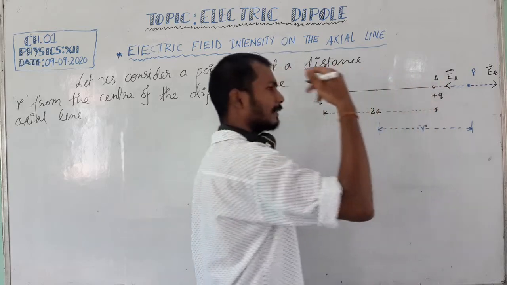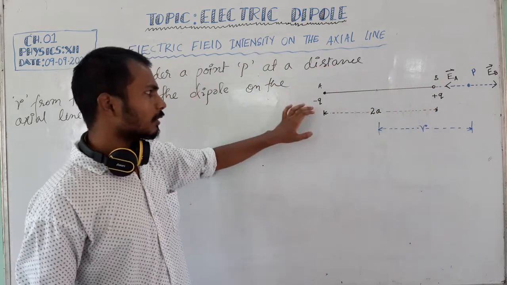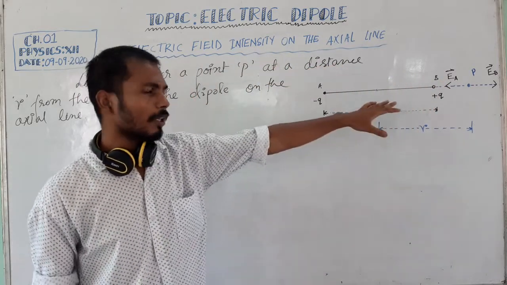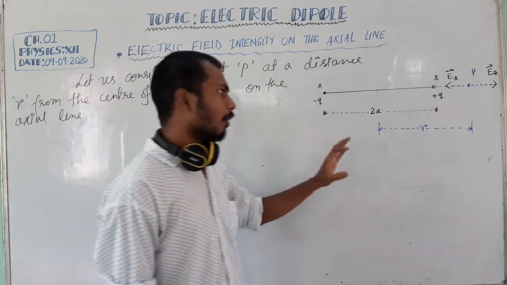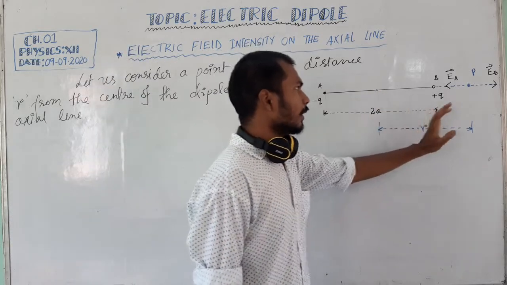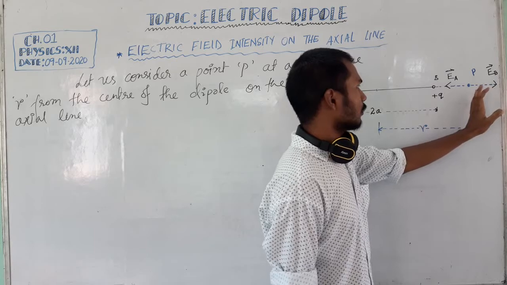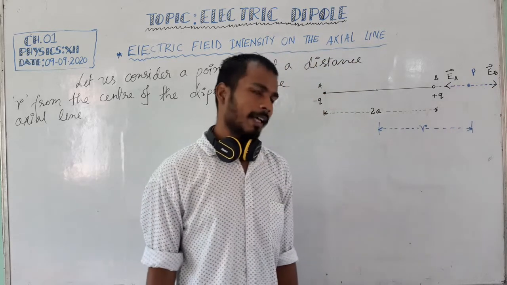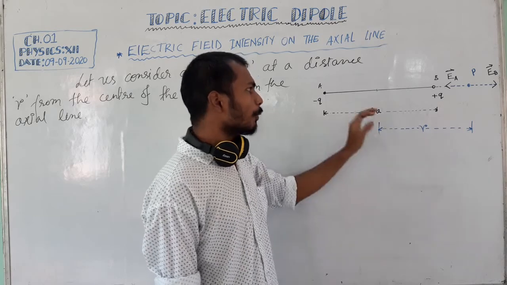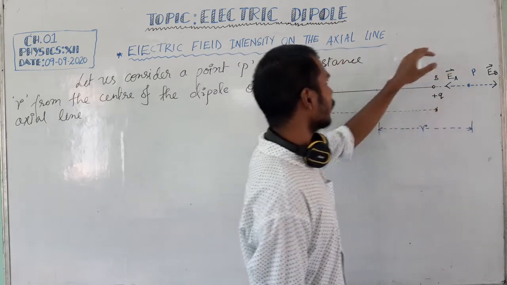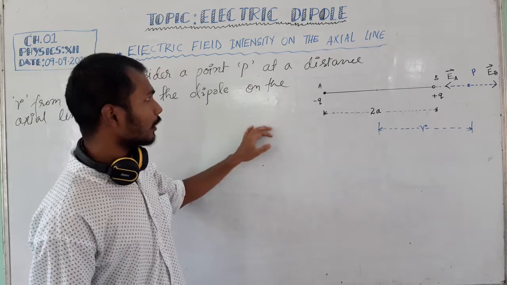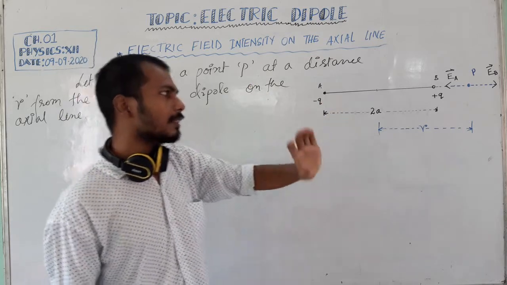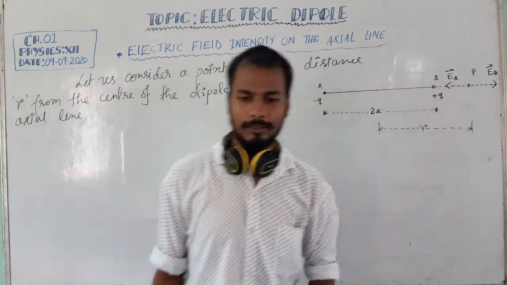This EA is the electric field due to minus Q charge at point P. Now you see these two vectors are opposite in direction. Now we will use vector addition to find the net electric field at a point on the axial line.